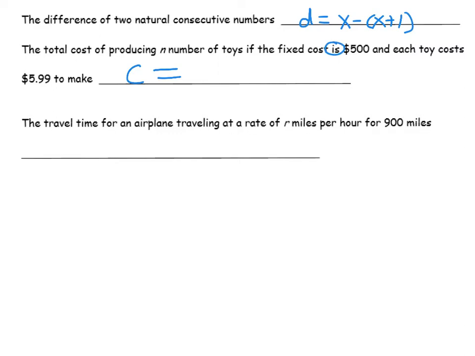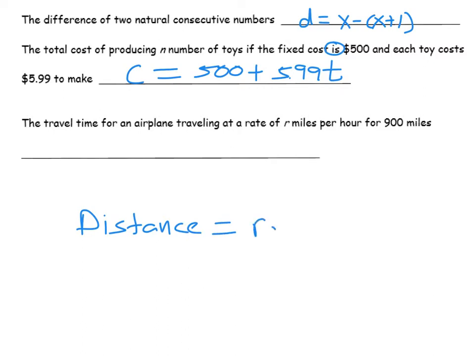Right? There's an is, so I know I've got an equation. Fixed is 500 plus $5.99 per toy to produce. For this last one down here, I feel like you would have to have the hint that distance is rate times time.